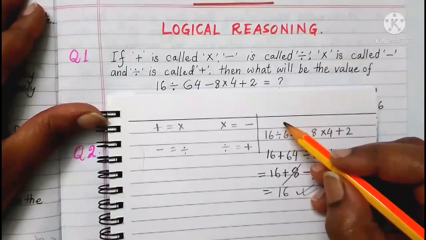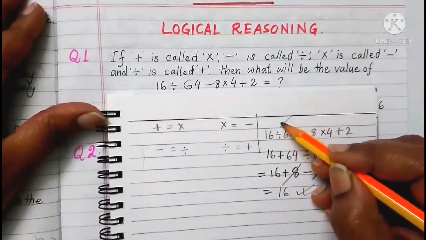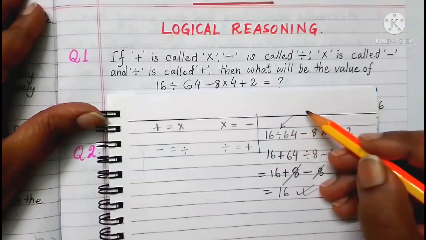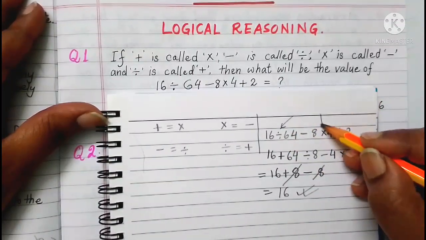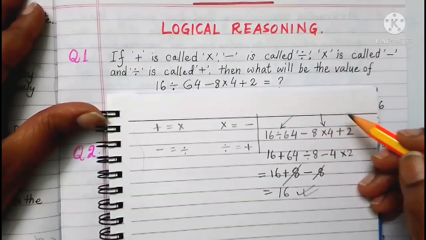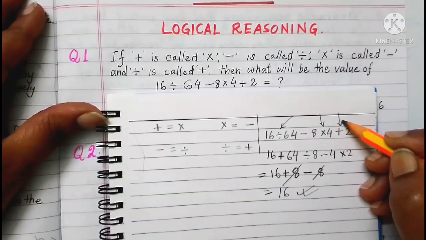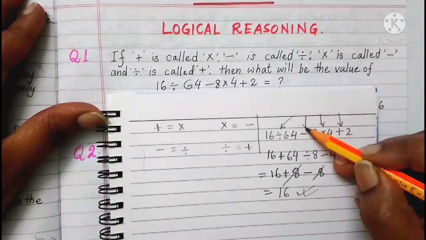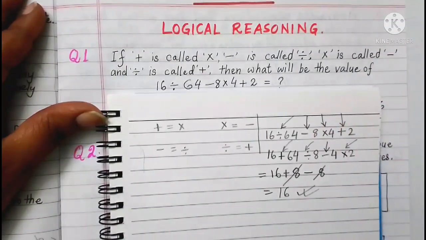Here the seniority rules or BODMAS rule goes like first division, then multiplication, then addition wherever it is, and then subtraction. So the answer is 16.